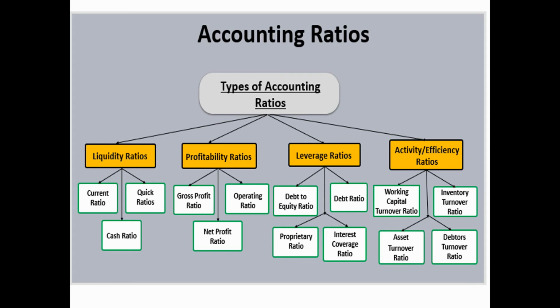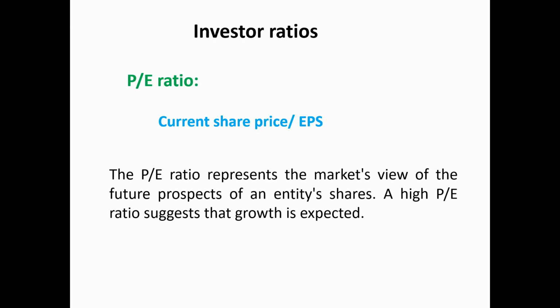Out of all these, I want to discuss some important ratios which will help investors a lot. In this video, I want to discuss the investor ratios. There are some important ratios which help investors take investment decisions.